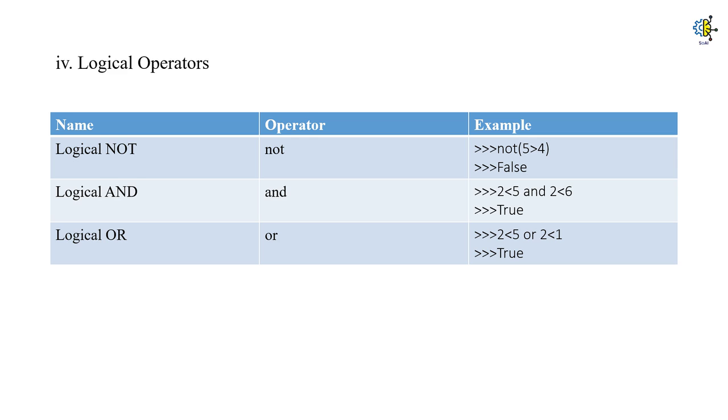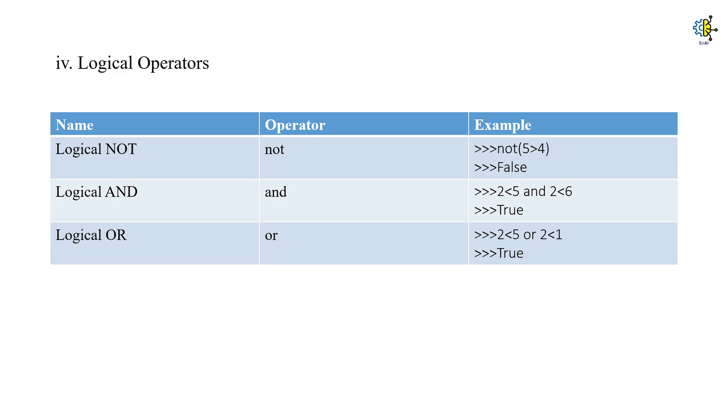The logical OR operator returns the value true if any one of the passed statements or conditions results in a true value. So in the example, the two conditions are 2 less than 5 and 2 less than 1, and there is the logical OR operator in between.